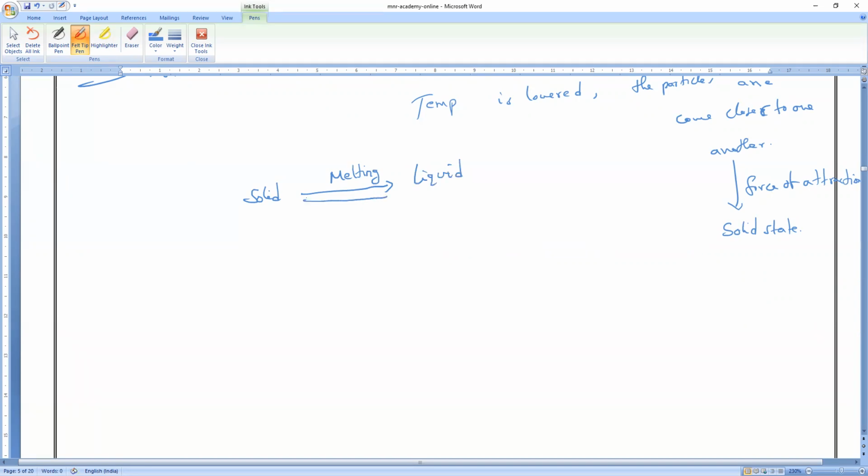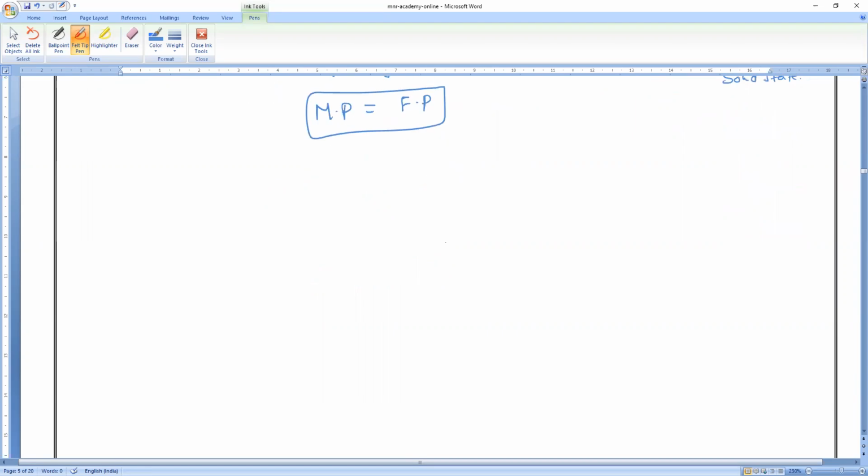Now, liquid to solid, what do we call it? Freezing. So from that I can say, the melting point of any substance is equal to its freezing point. Is it okay, guys? That is what we can say.